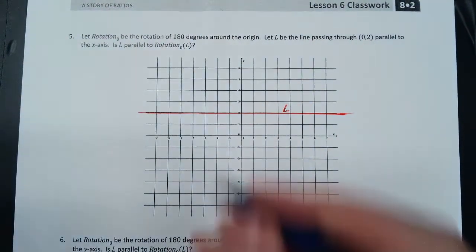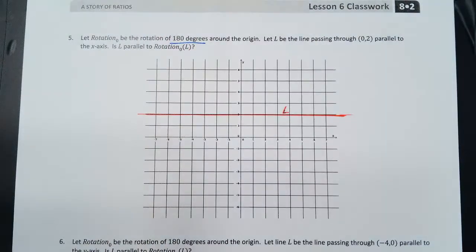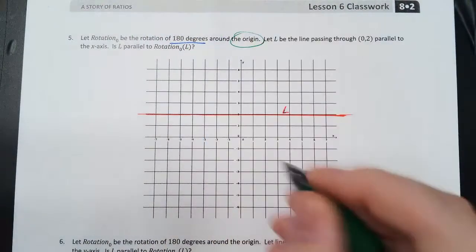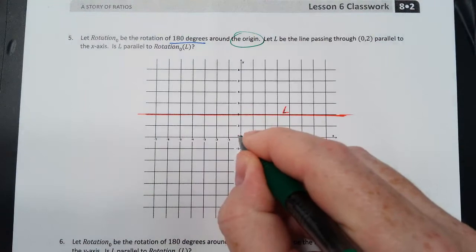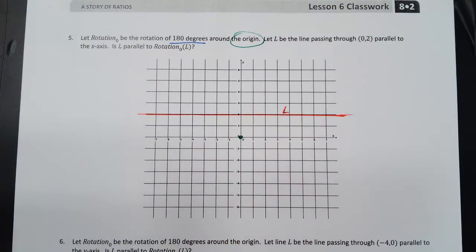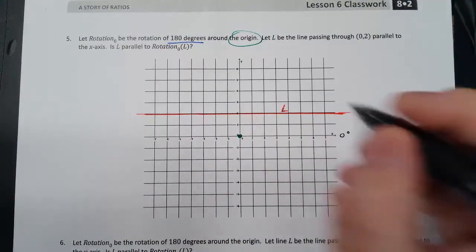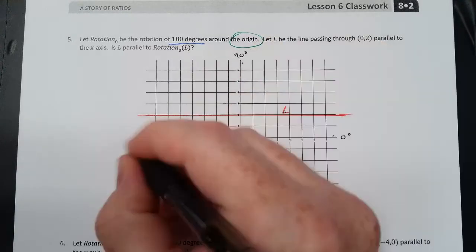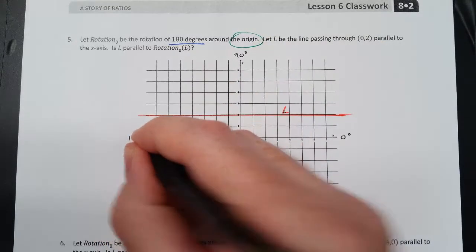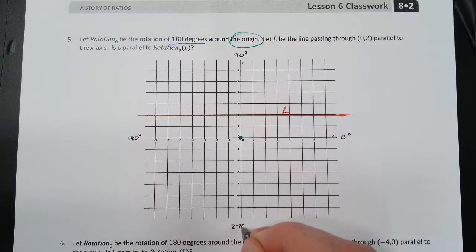And again, we are going 180 degrees around the origin. So there's the origin. Label your degrees to help you with the rotation. And this time I'd like you to do it yourself. Pause the video. Rotate that yourself and see if you get what I get after the video. After you pause and come back.